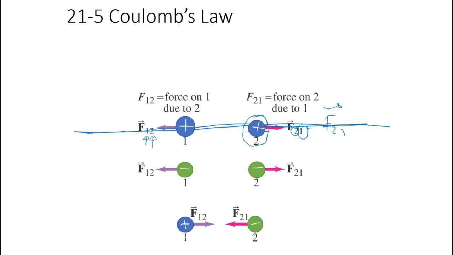Now here is the opposite. Q1 will be pulled toward Q2 and Q2 will be pulled toward Q1. When you study a charge, look at which charge you are studying. Then look at what is done to it. Don't look at what this charge does. Look at what is done to it.